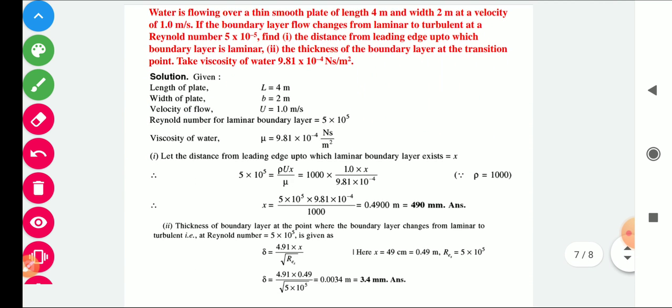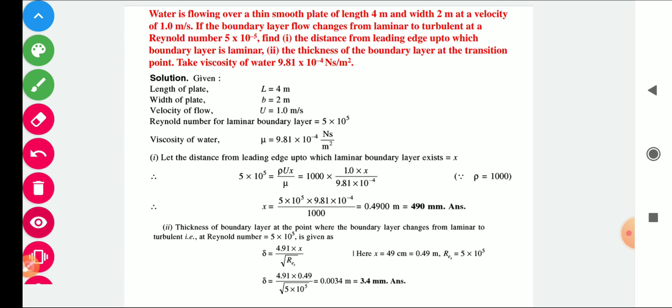Now in this problem, water is flowing over a thin smooth plate of length 4 meter and width 2 meter at a velocity of 1 meter per second.